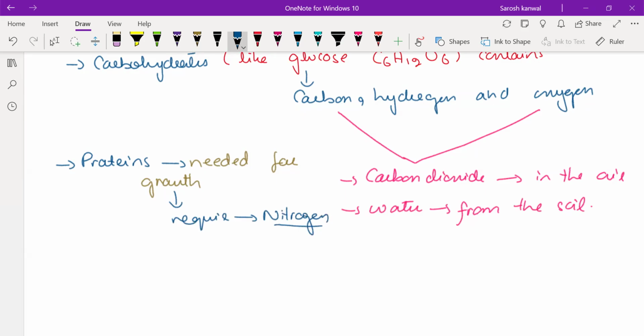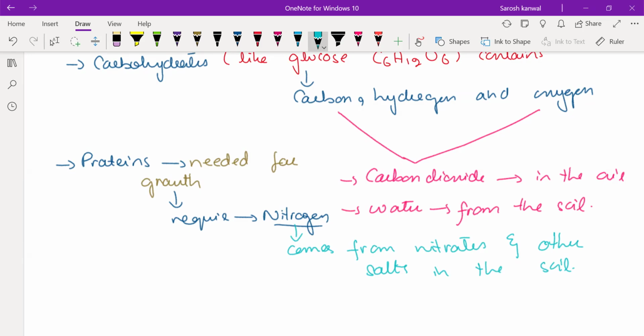And that nitrogen comes from nitrates and other salts in the soil. Okay.